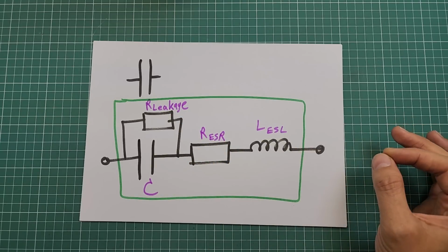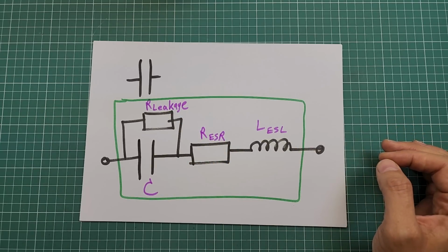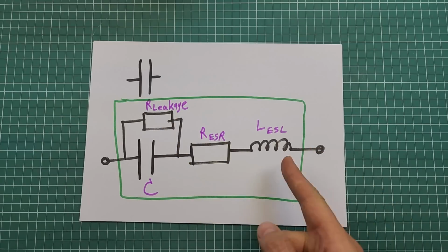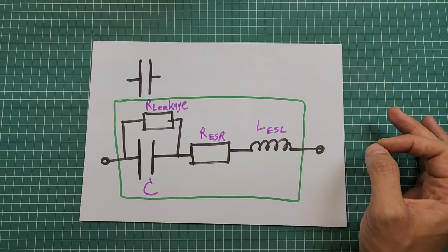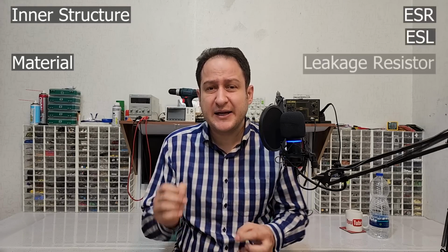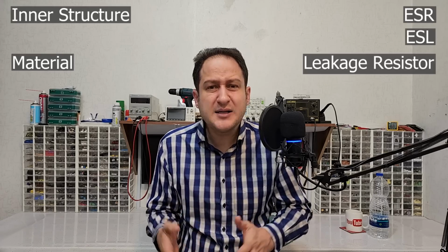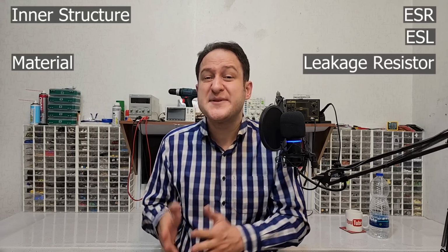I mean, each type has a different range of values for these resistors and this inductor in different capacitances, which makes the capacitor suboptimal. The inner structure, manufacturing process, and the material used to build capacitors is the key factor which makes the value of ESR, ESL, and leakage resistor different and consequently makes different types different.